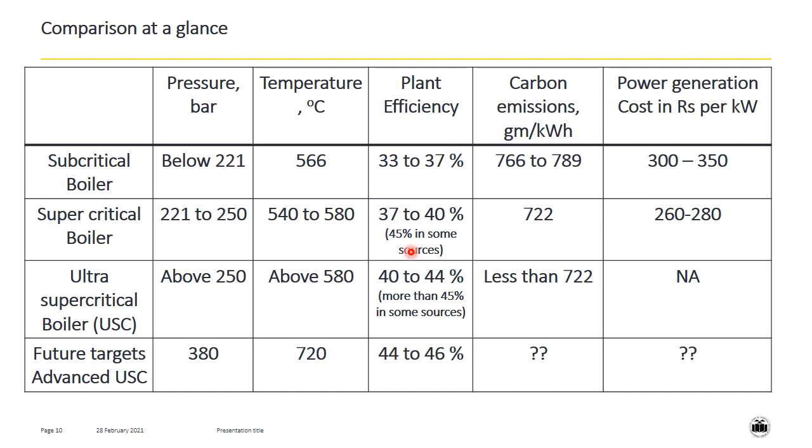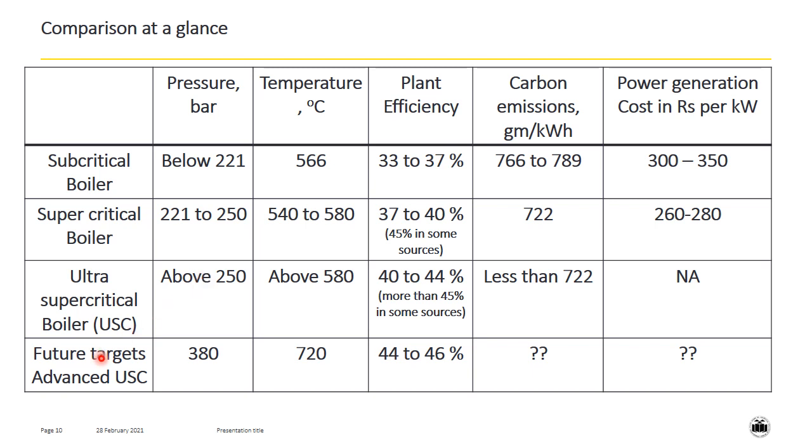Let us see some comparison of three different boilers based on various parameters. Subcritical boilers operate at pressures below 221 bar. Supercritical boilers operate from 221 to 250 bars. Ultra supercritical boilers, USC, operate above 250 bar.